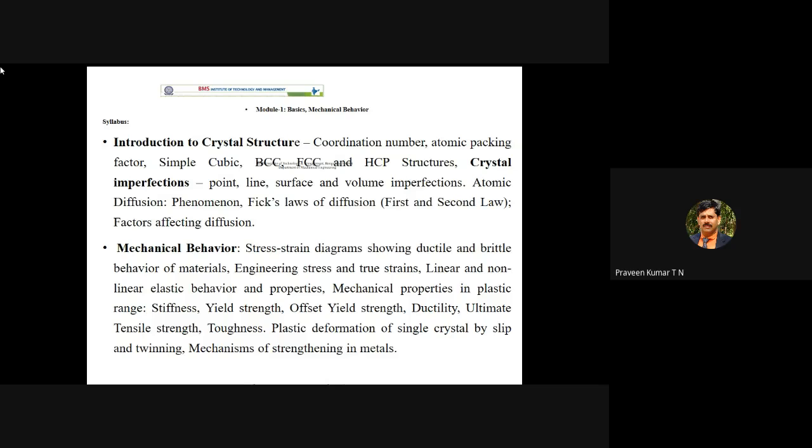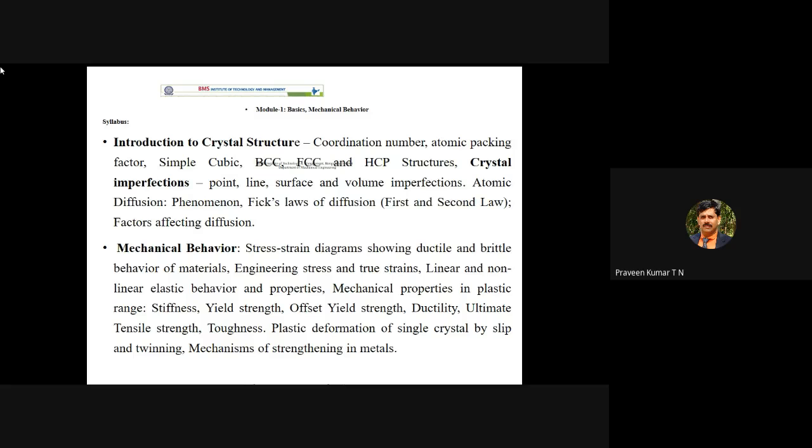Then it is referred to as the true stress. Engineering stress means the denominator is always the original cross section area. True stress means the load remains the same in the numerator, and in the denominator, the area is the instantaneous cross section area at that particular load.